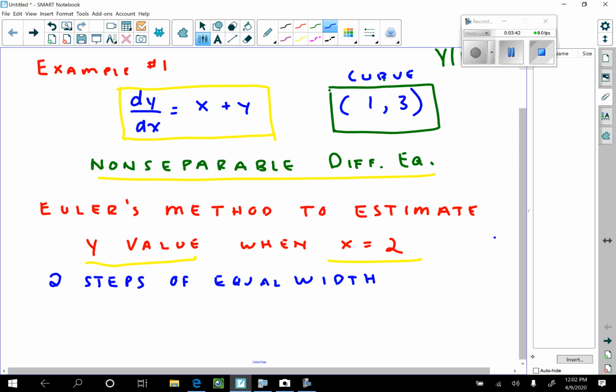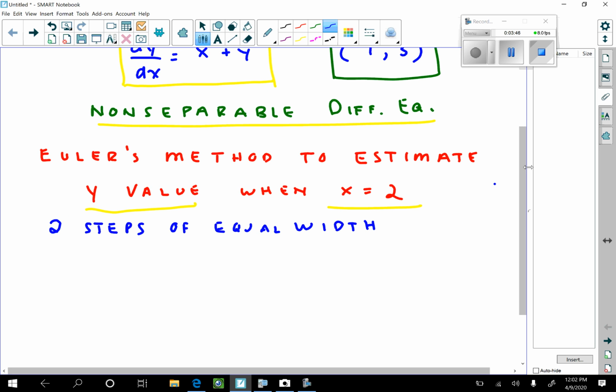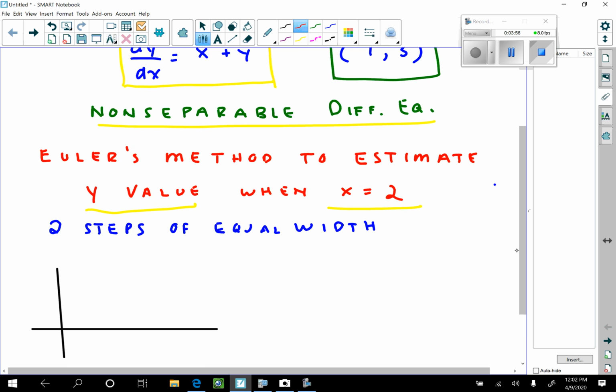Whatever my graph is, I'm starting at this point right here, (1, 3).